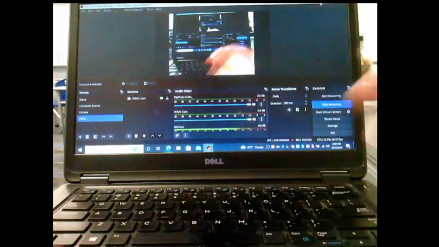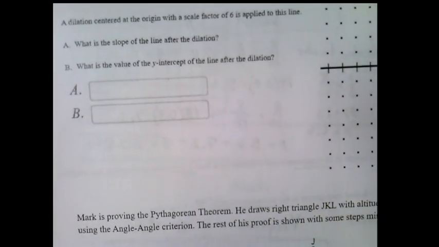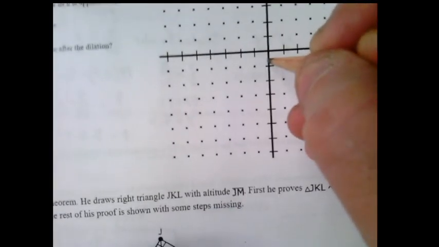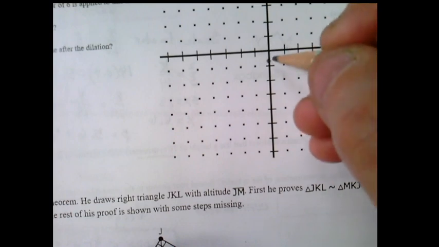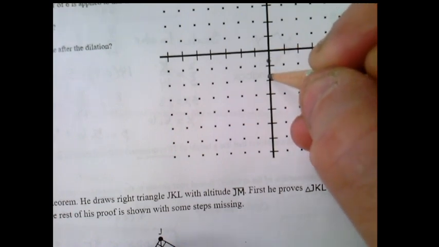to our paper here. Okay, and in order to figure out the slope, I'm going to do this. Let's see here, -1 2/3. I'm going to try to place that point right there. And has a slope of 2, so, oh, well, shoot, 1 2/3 should be here. There we go.